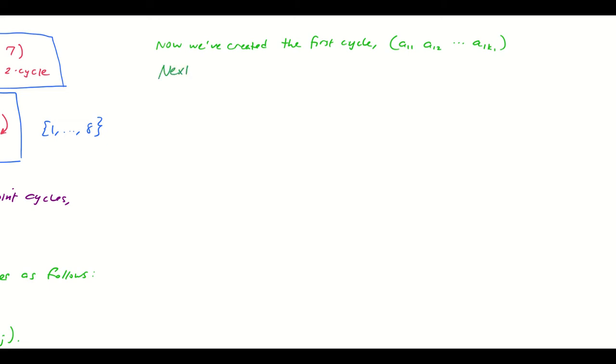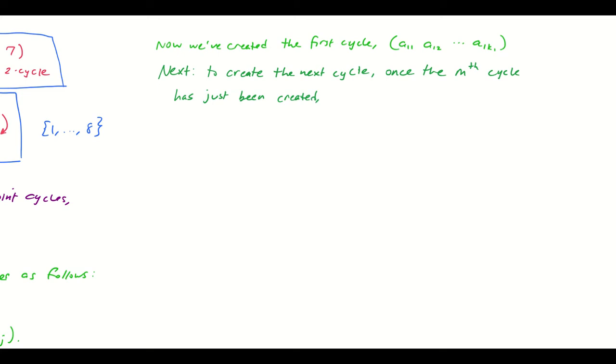So next, to create the next cycle, because I don't want to have to rewrite this argument every time we create a new cycle. So to create the next cycle, once the nth cycle has just been created, well, first let's look at whether there's anything left.